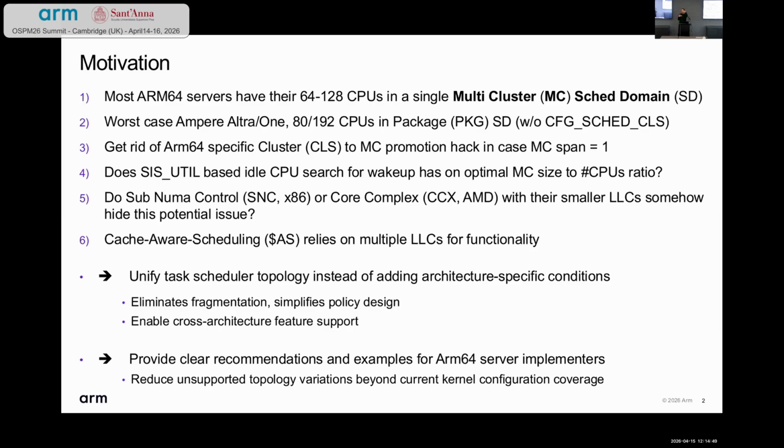But since they didn't have a last level cache on the MC level, there was a cluster level, but in wakeup we never go into select_idle_sibling because of that. So the 2 levels of cluster in MC actually didn't make a difference unless you consider only load balance, but this was a minor effect. So what we saw in the code is that they essentially said we have to promote the cluster level onto MC to essentially have wake-up scheduling on those machines.